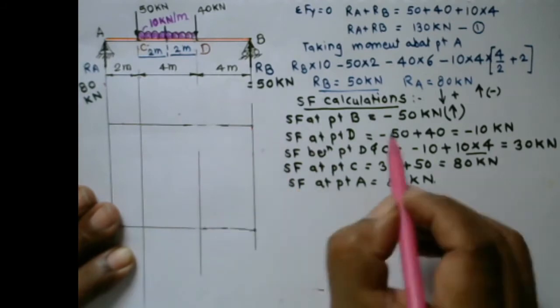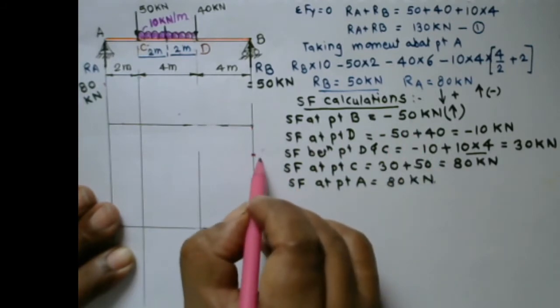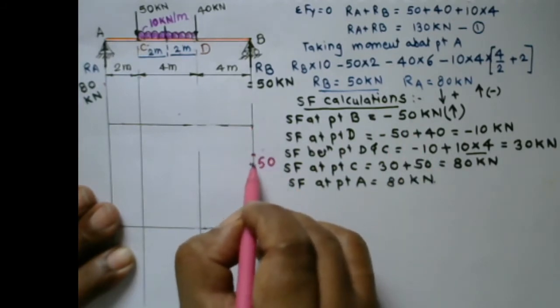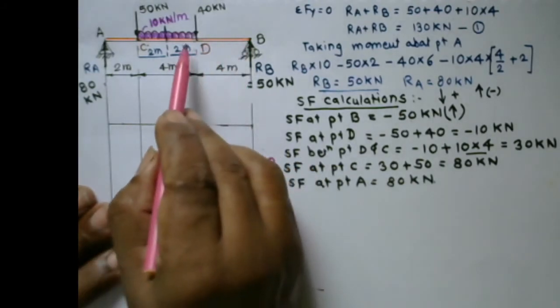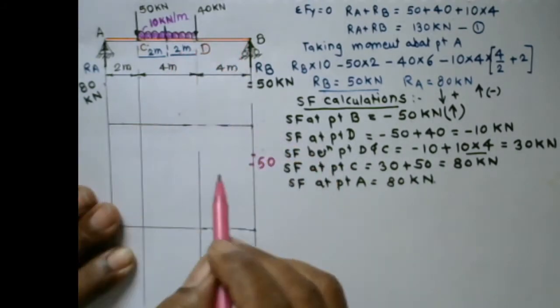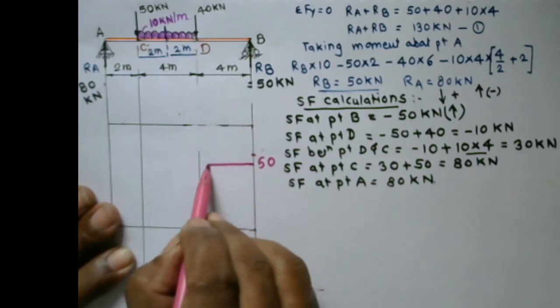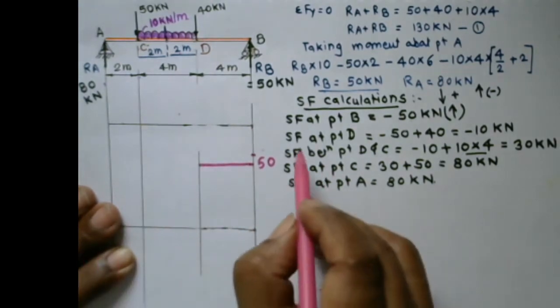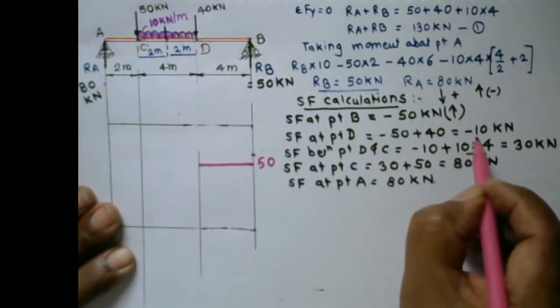At point B shear force is minus 50, so here I have written minus 50. Between points B and D there is no load, so it is a horizontal line. At point D it is minus 10.